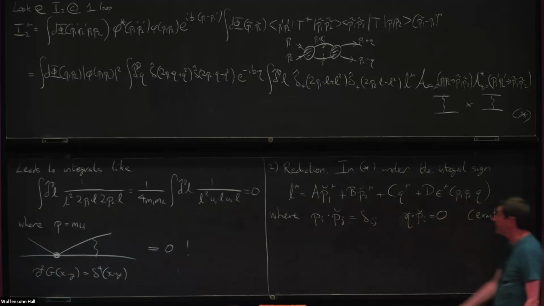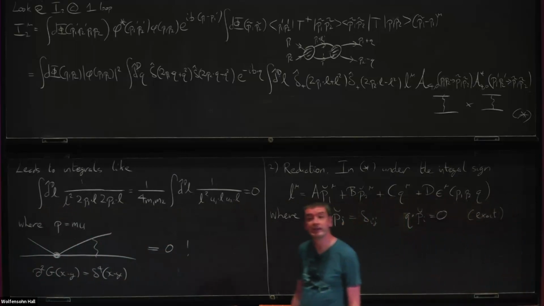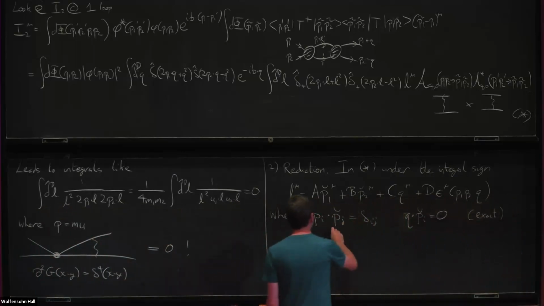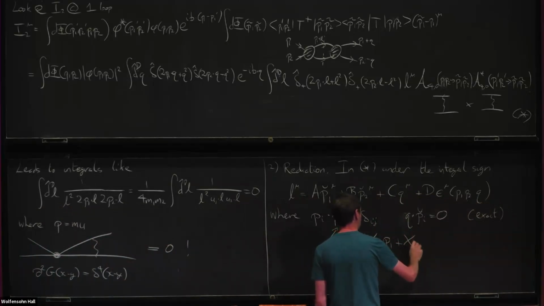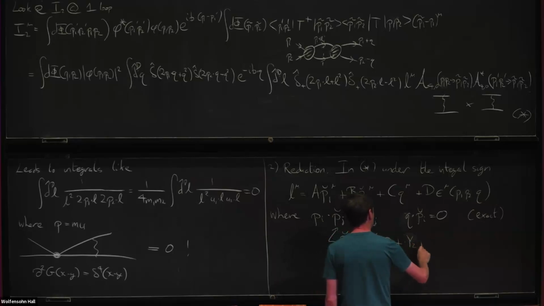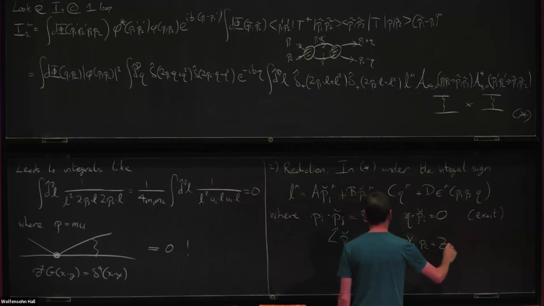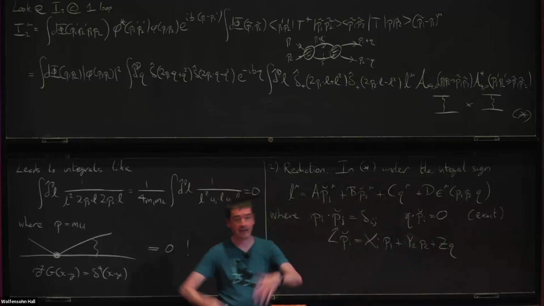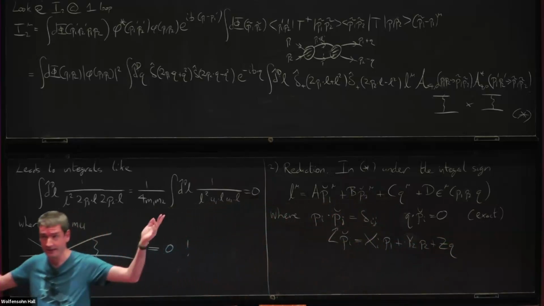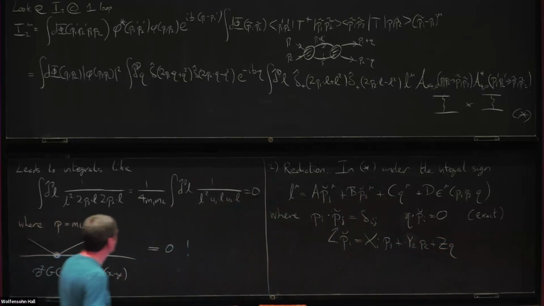Okay, so you can find a solution for these p checks. So these p checks are going to have some constant times p1 plus some other constant times p2. And then there's some amount of q. And you can go ahead and solve for x, y, and z if you want. Right? These things exist, not a big deal.